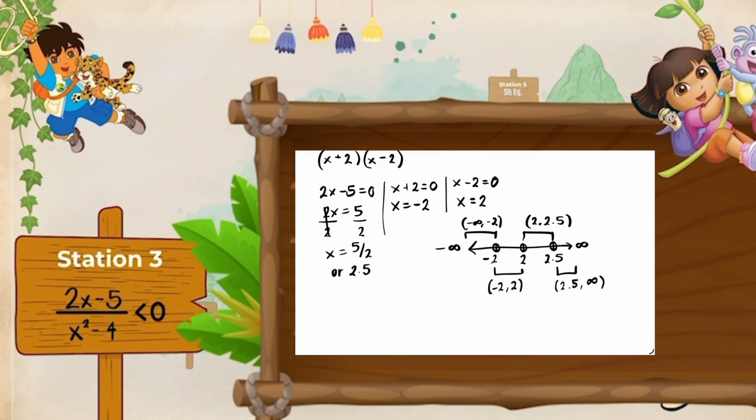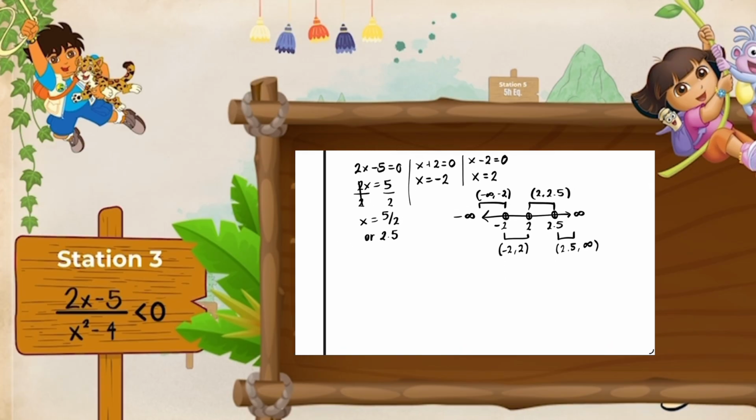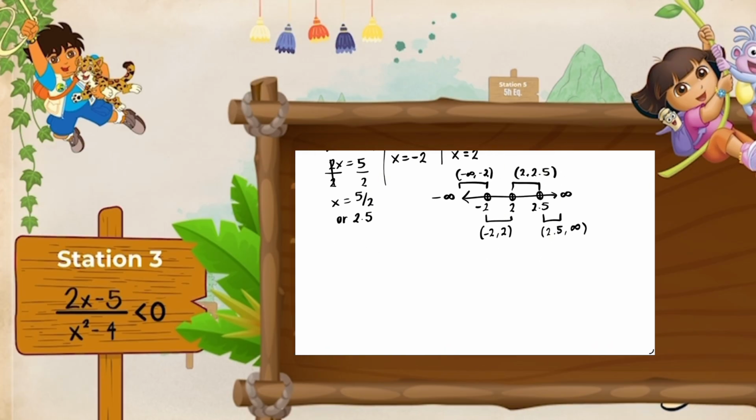Now, let's choose a number in between those pairs. First is negative infinity and -2. Let's choose -3.